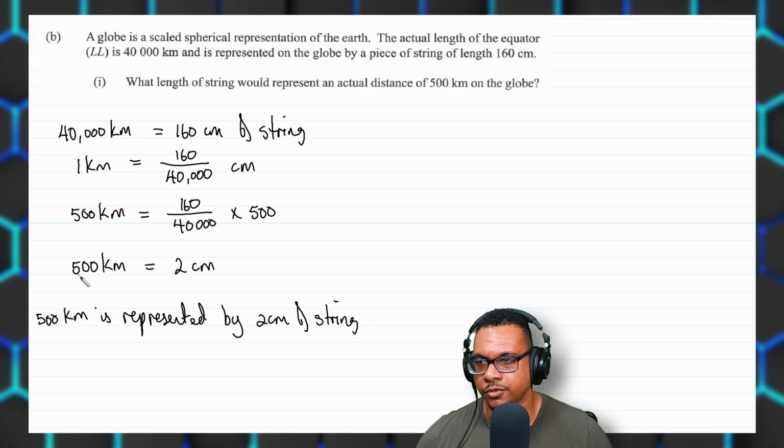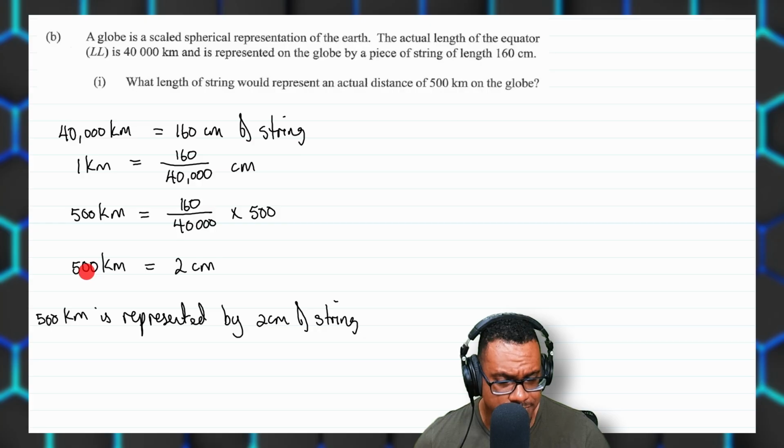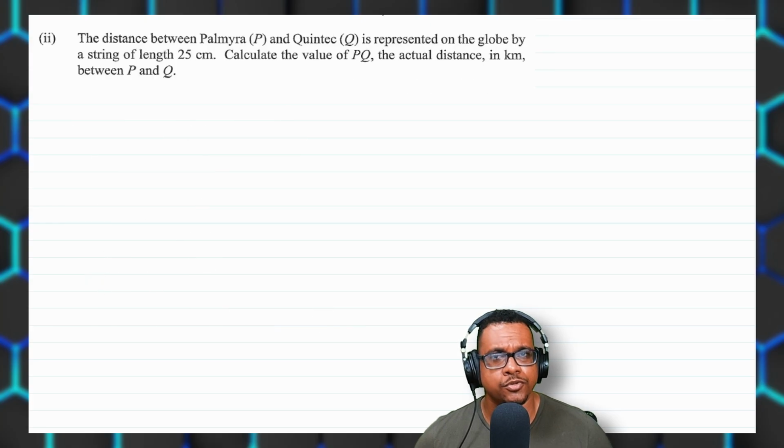And of course, 500 kilometers is represented by 2 centimeters of string, which means 1 centimeter of string represents 250 kilometers, right? Divide this by 2, you divide this by 2. So those same values apply here. All right, so what we have is that the length of string is 25 centimeters. That is the distance between P and Q.